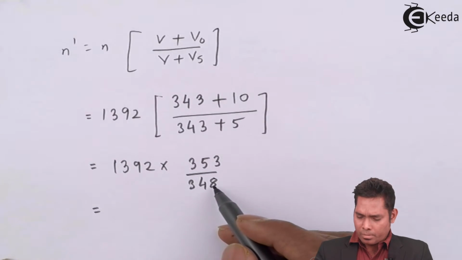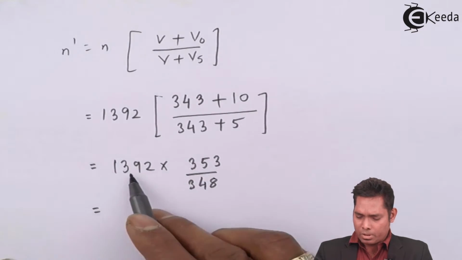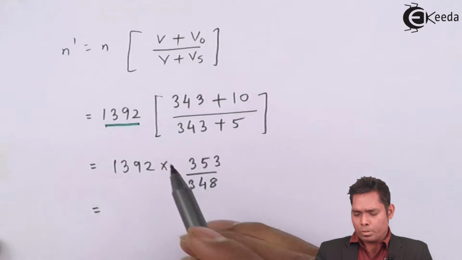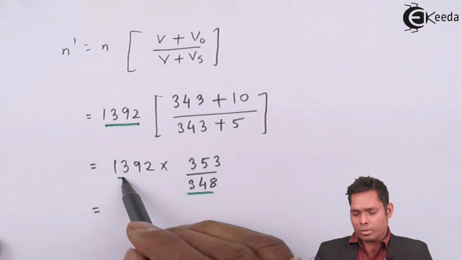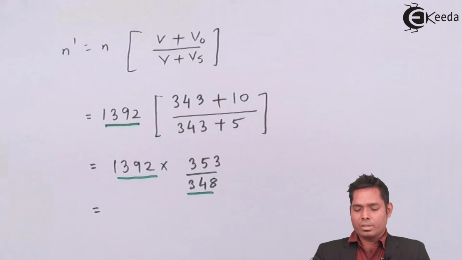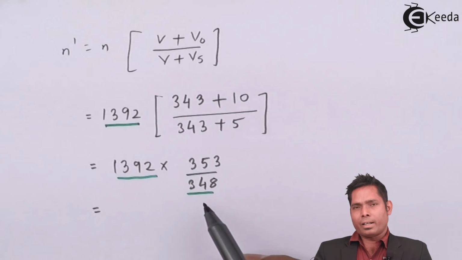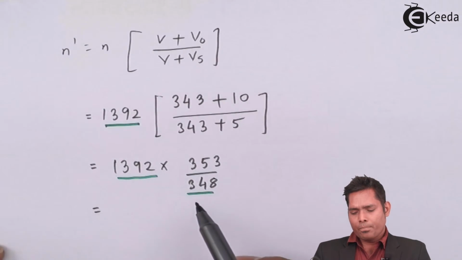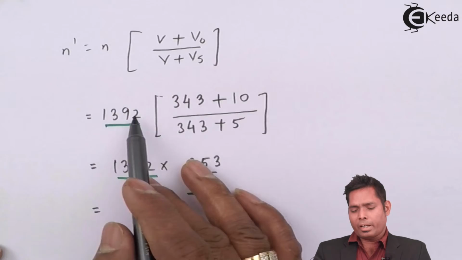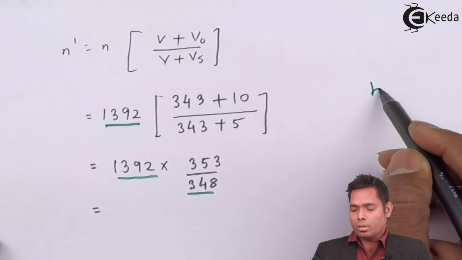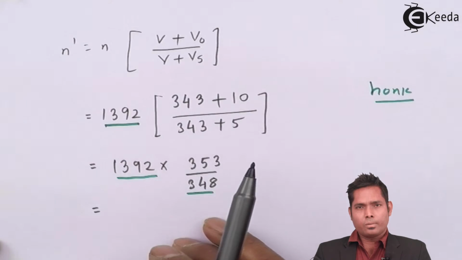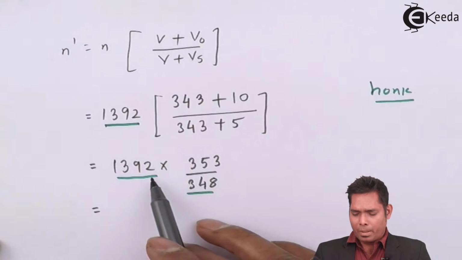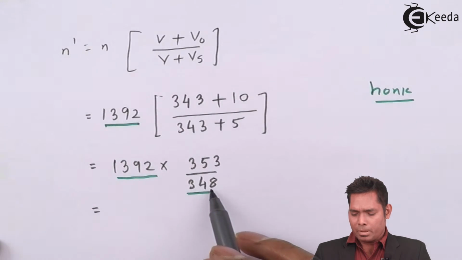You should also think that if this number is given, then it should be some multiple of the denominator. Otherwise there is no need for giving 1392 as the frequency of the honk sound. To make the calculation easier, they always give us such numbers. So you must try the hit and trial method.